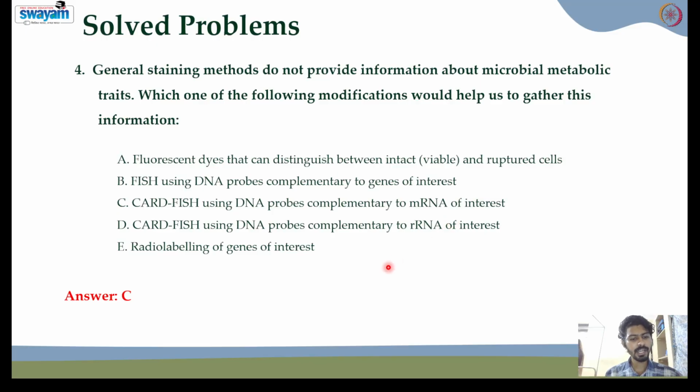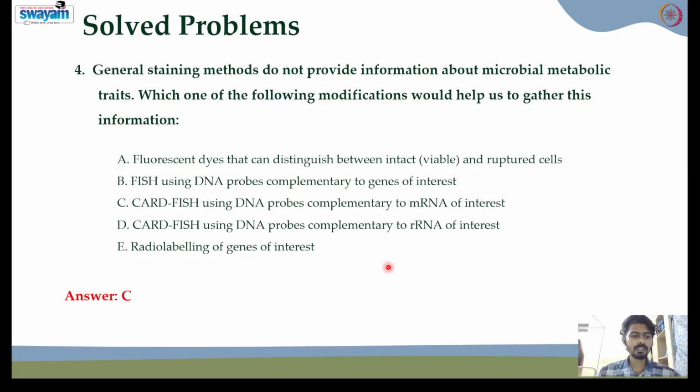And option E, radio labeling of gene of interest. What does it mean? Radio labeling means here we will use the radio isotope like carbon 13 into the DNA or RNA of specific gene, but it is not a method for studying the metabolic activity in the live population because of their radiation exposure.